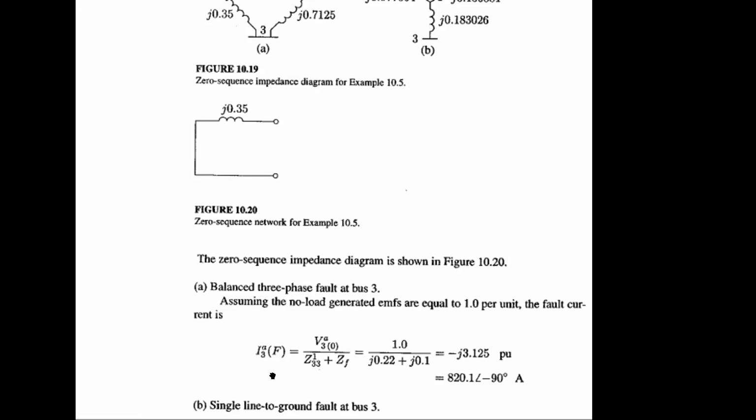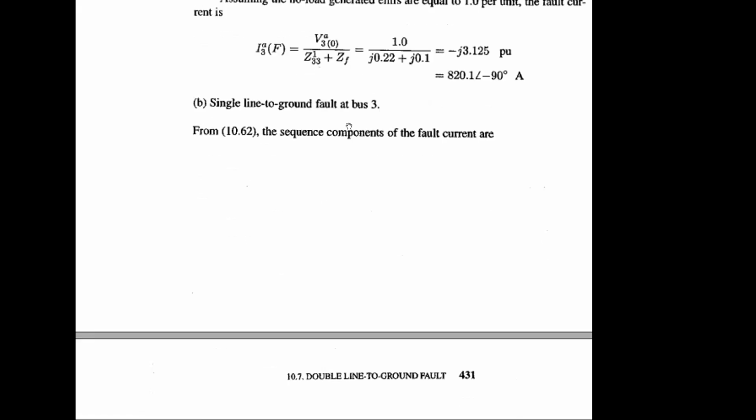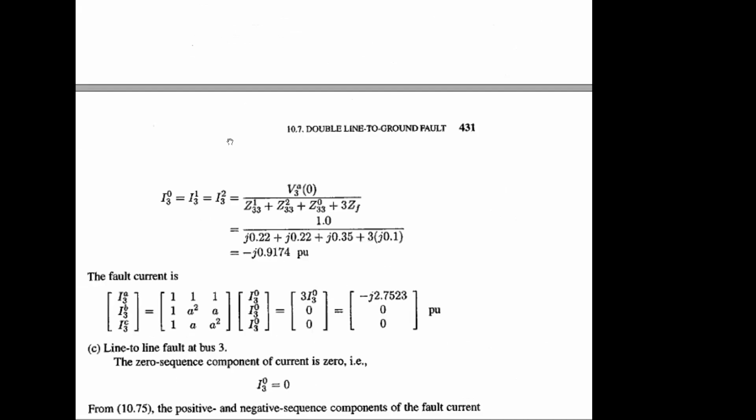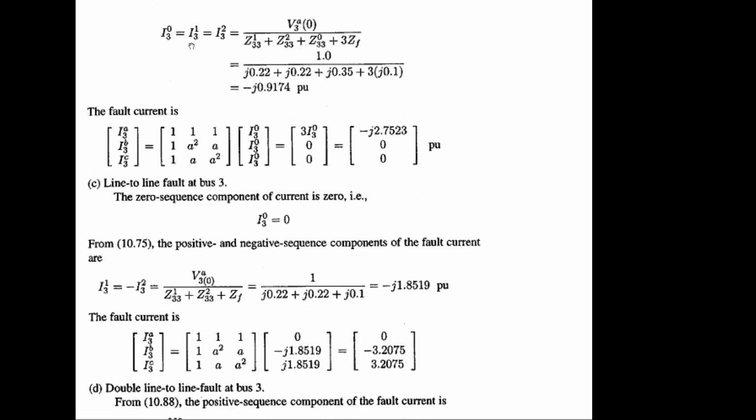That will have the indication of fault current. Then the second scenario, the single line to ground fault at bus 3, the derivation result. This is the derivation result, right? I30, I31 and I32.